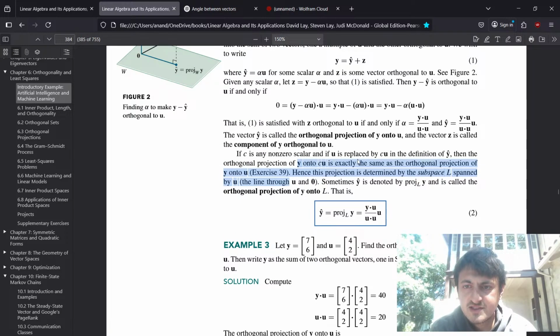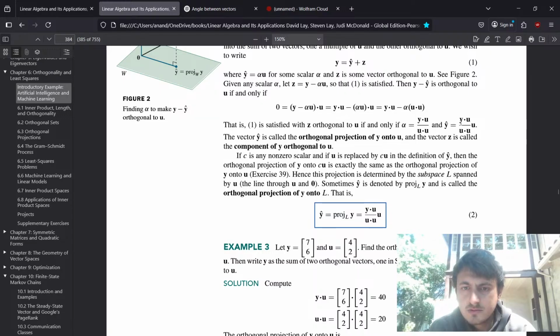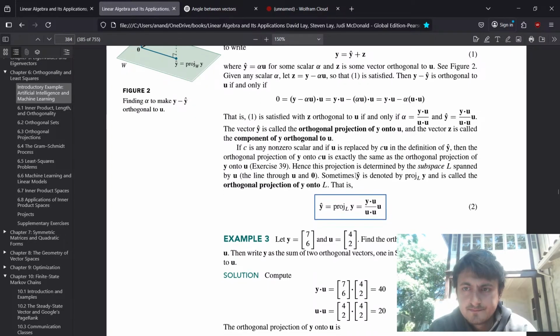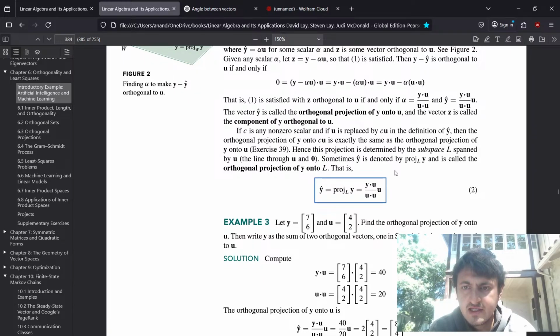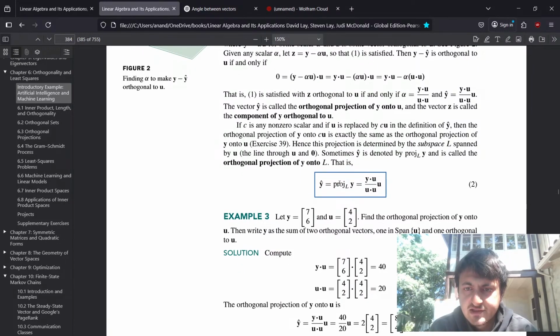But wait, isn't it up to some scalar multiple? Sometimes y hat is denoted proj onto L of y, so y hat is equal to proj of y onto L.